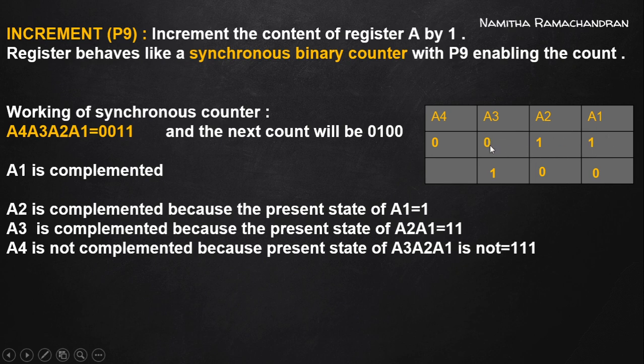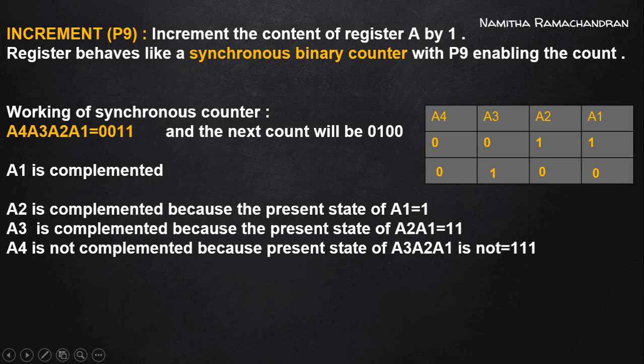Here it is not. A3 is 0 but A2 A1 are 1, but all three are not 1. So we don't want to complement here. Simply transfer the value to the next state. So the next state value is 0 1 0 0. Okay, so this is the principle of a synchronous binary up counter.